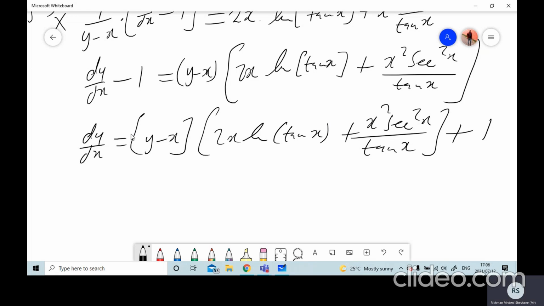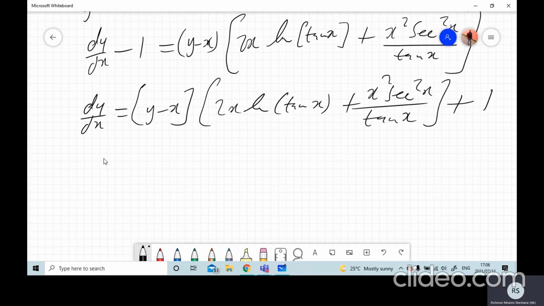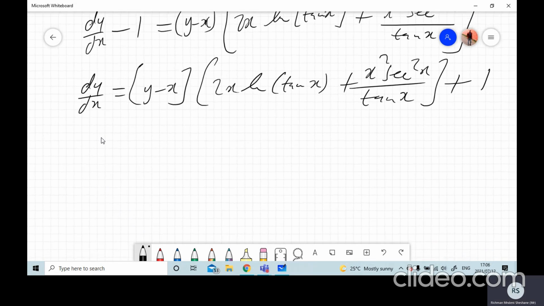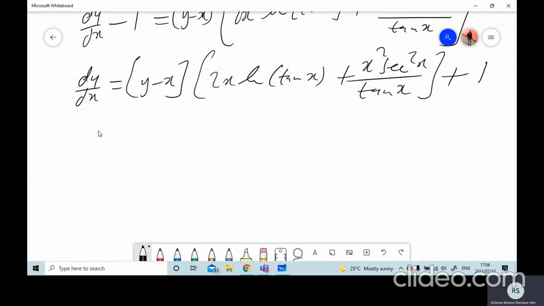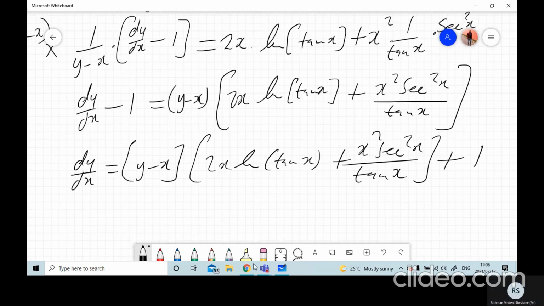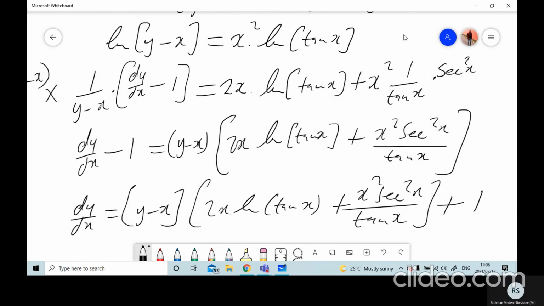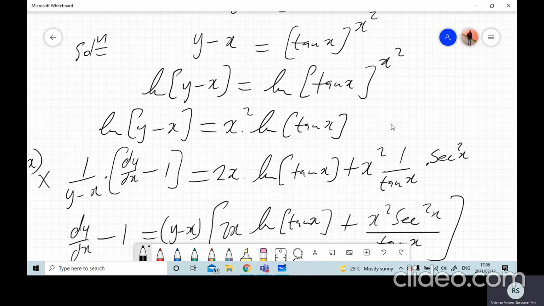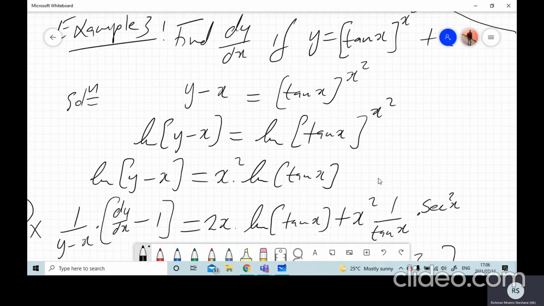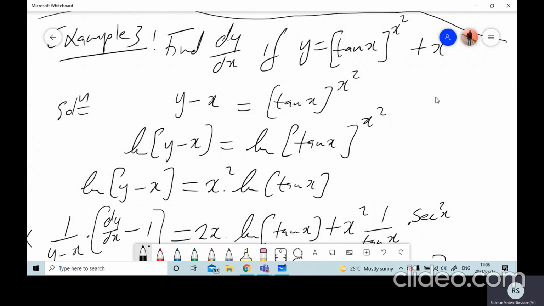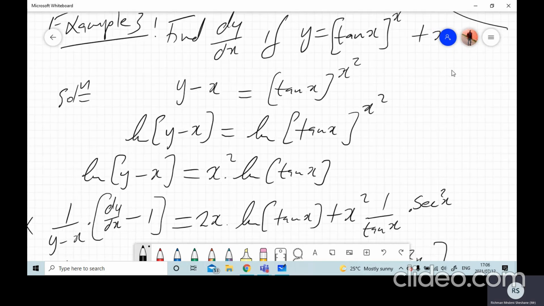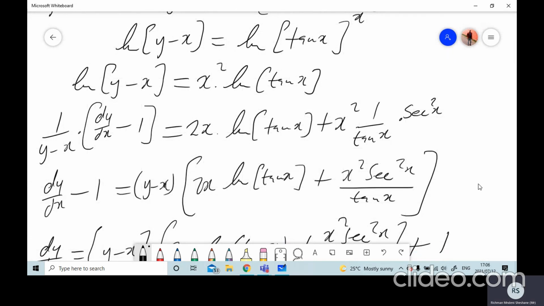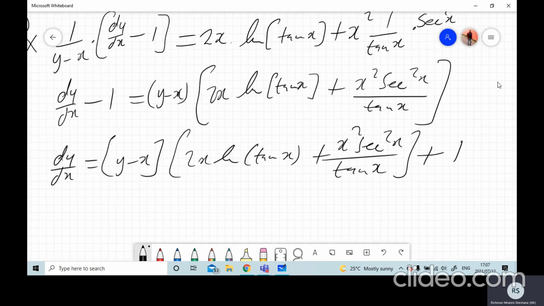So this is my dy dx, but the derivative in log differentiation should be in terms of x. So when y is given, okay, it's a given function, you need to substitute back at the end if it's in terms of y in log differentiation.